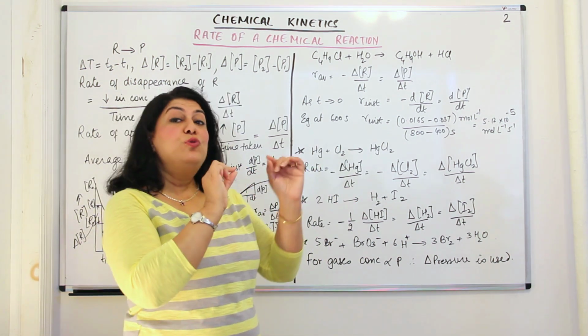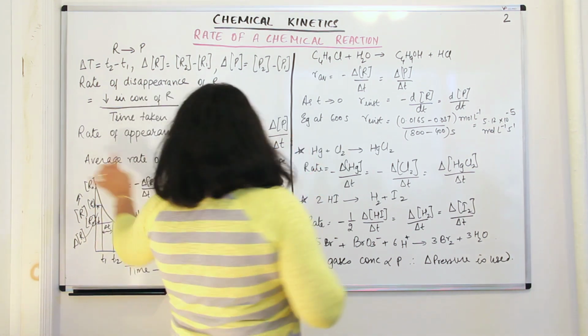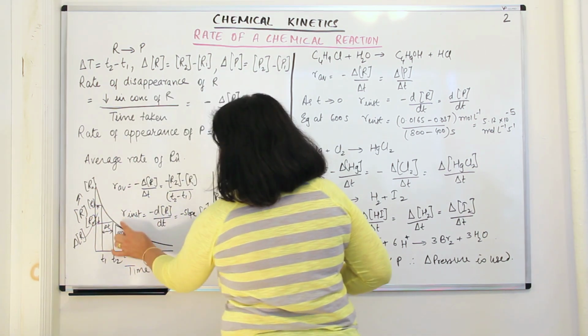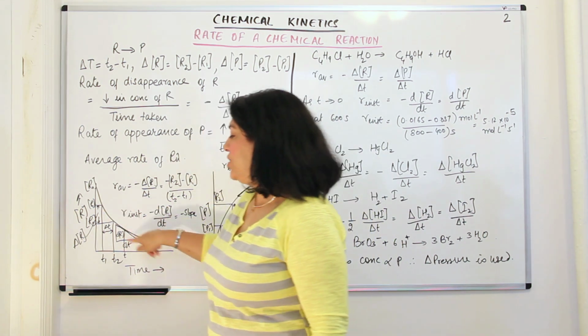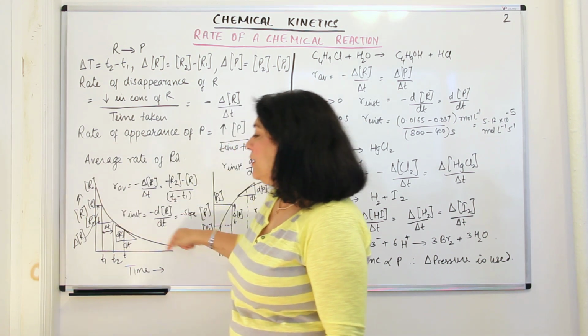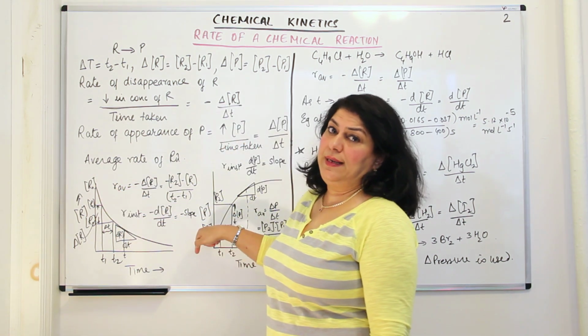What is important is for you to understand that a curve is formed, and every point has a certain value of concentration at every time, and that will give you a curve when you join all those points.